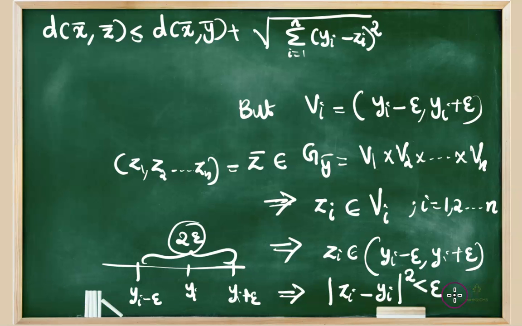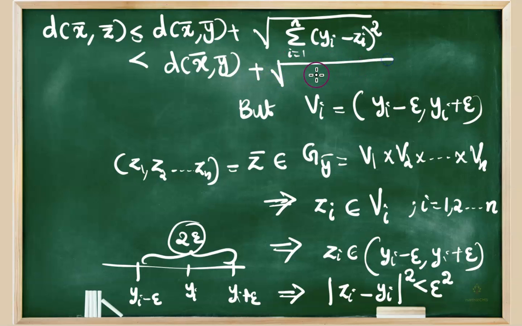Hence, its square will be less than epsilon square, and therefore we have d(x̄, z̄) is less than d(x̄, ȳ) plus the square root of epsilon square plus epsilon square plus etc. plus epsilon square, n times.